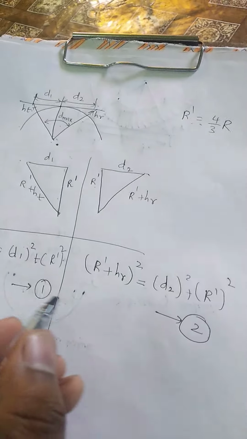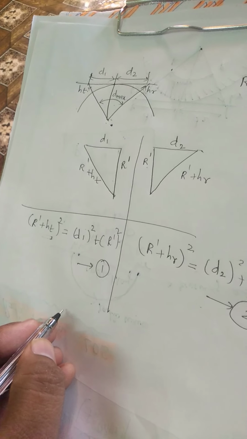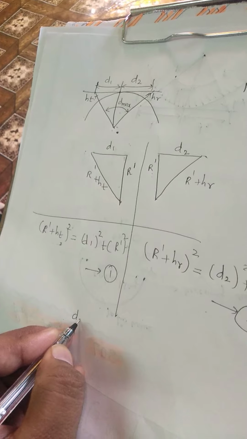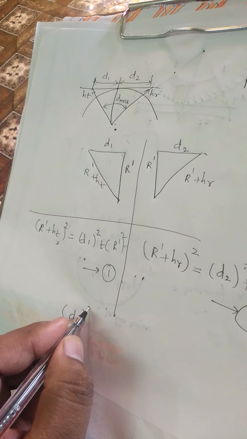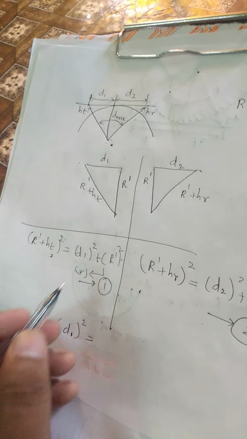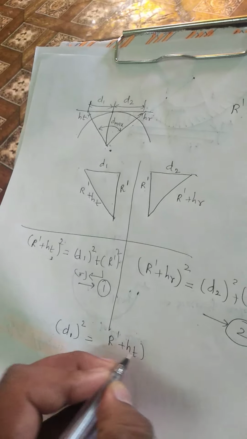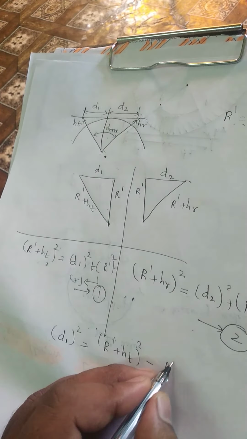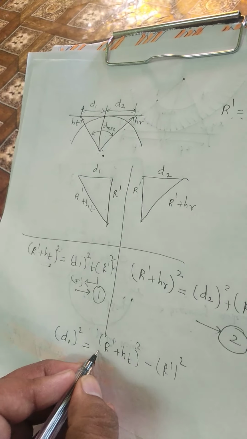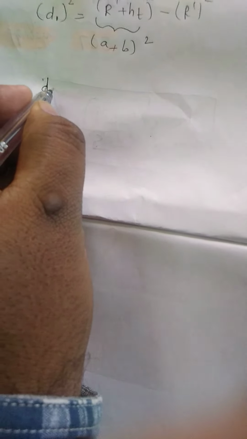From these two equations, we are considering equation 1. If you want to find D dash, or D1, the distance from the transmitter, it should be equal to, shifting this to the right side, it will be minus. So we can write R dash plus HT whole square minus R dash square. Here we can apply the (a plus b) whole square formula to this term.